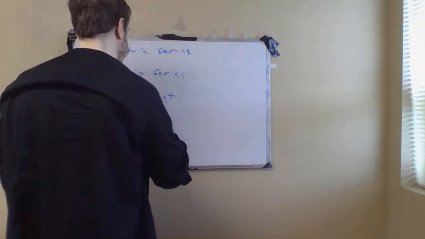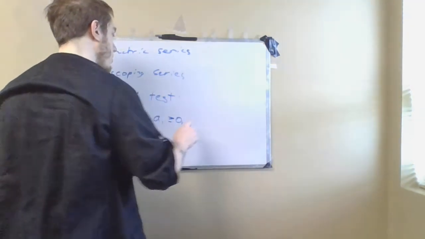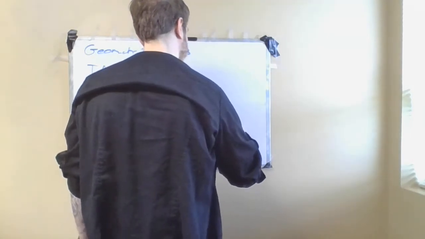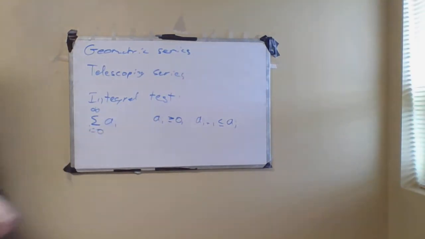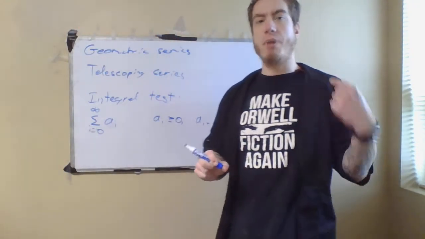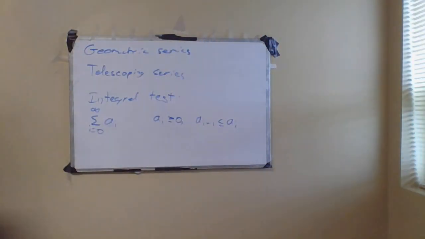Suppose that these a sub i are bigger than or equal to 0, and a sub i plus 1 is always less than or equal to a sub i. In other words, the sequence of terms that we are summing forms a positive decreasing, or at least non-increasing, sequence.